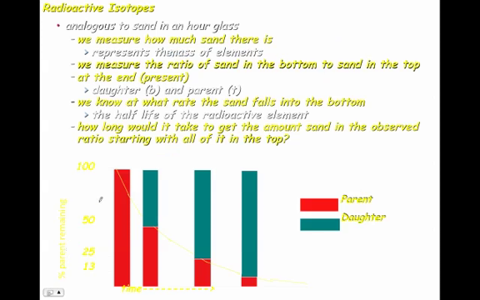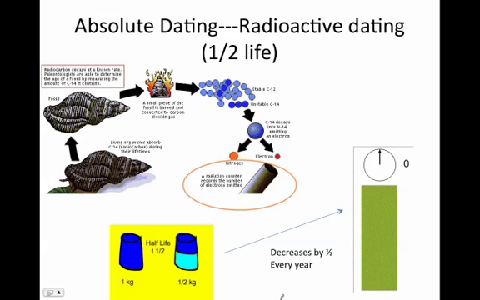Let's look at it again. You start with 100% of your parent material, and after one radioactive half-life, you end up with 50%. After another one, you end up with 25% left over, and then 12.5, and then 6.25, and so on. So that's how it works.